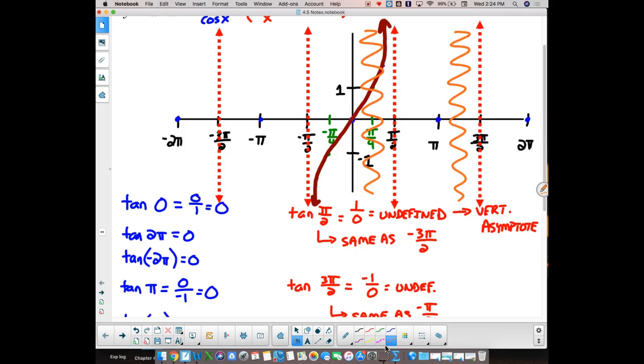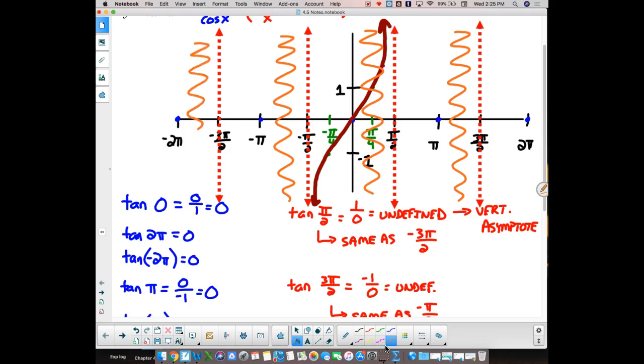Quadrant number 3 also runs from negative pi over 2 to negative pi. So this is also quadrant number 1 or quadrant number 3. Quadrant number 1 also runs from negative 3 pi over 2 to negative 2 pi.